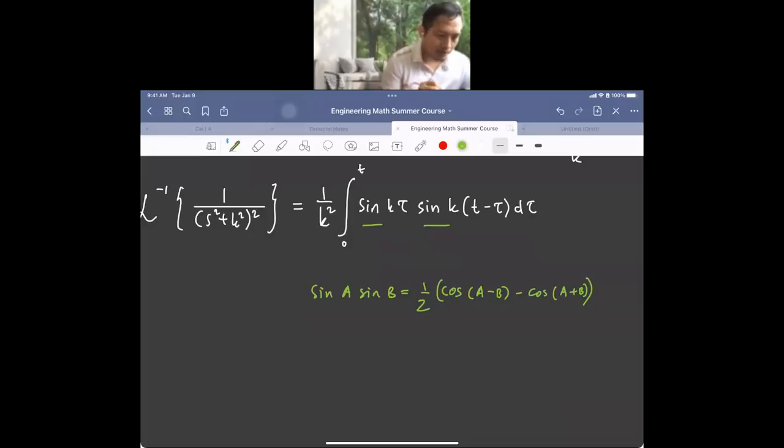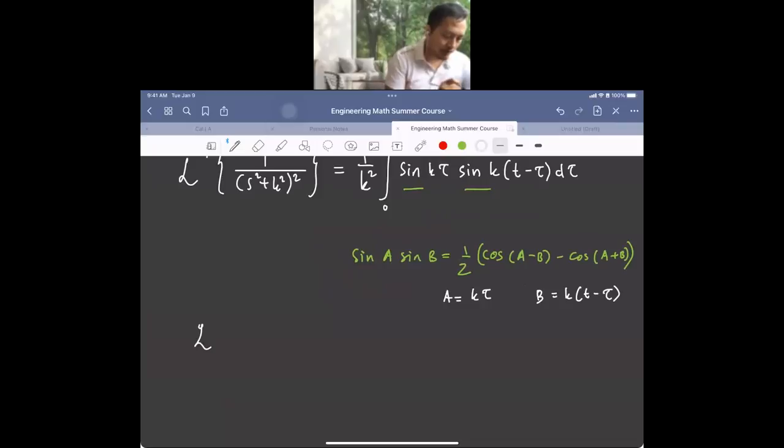Doing the same thing, we set A as k tau and B as k(t minus tau).